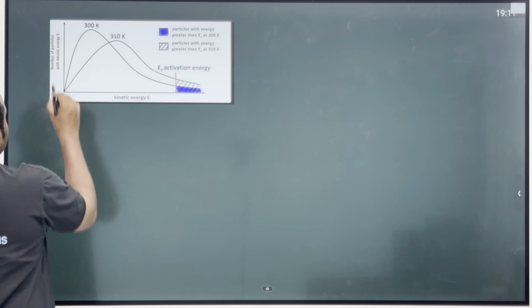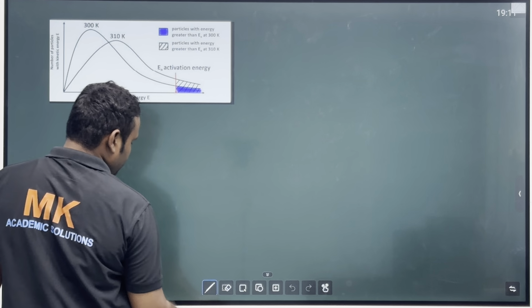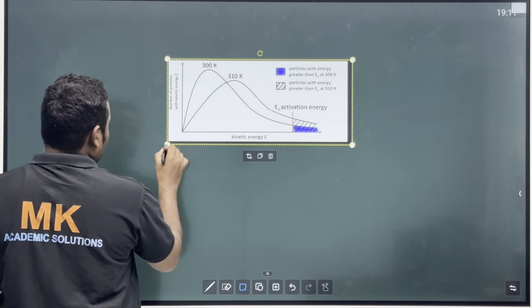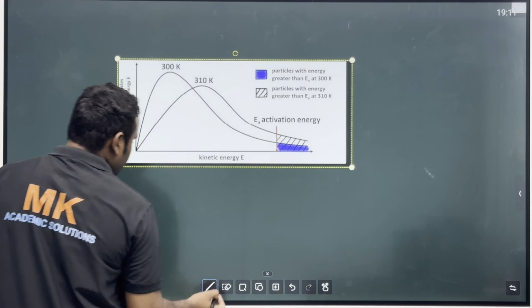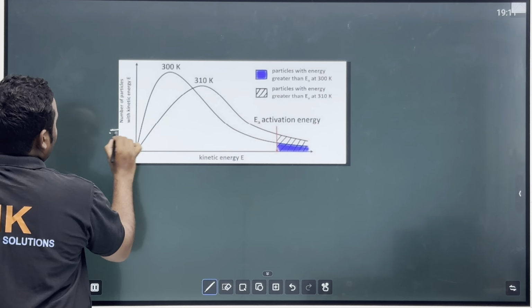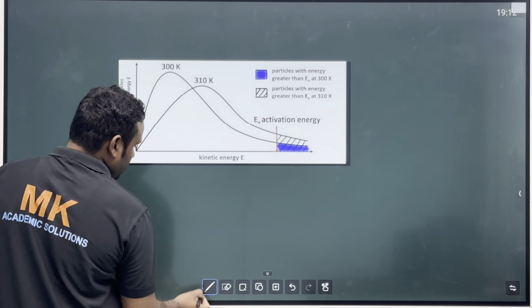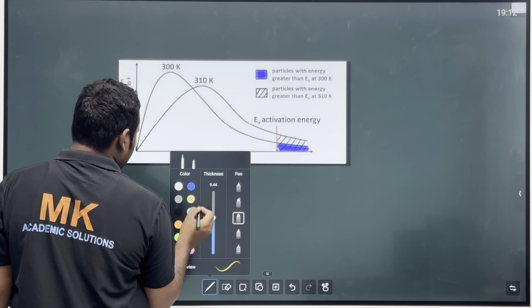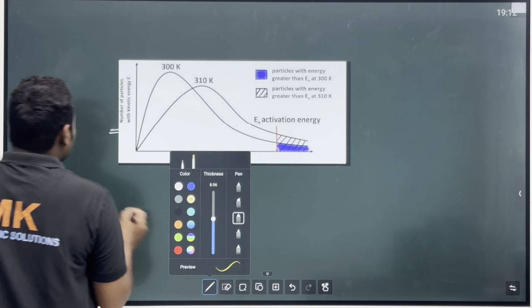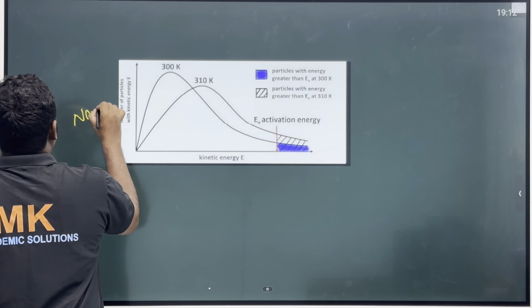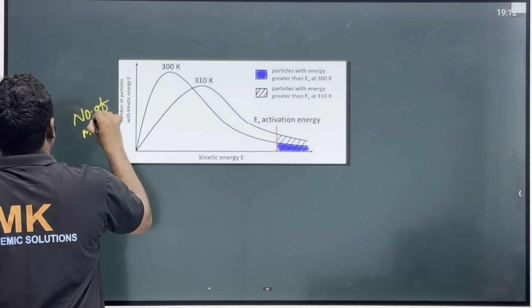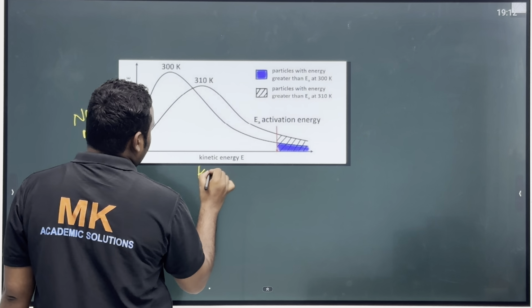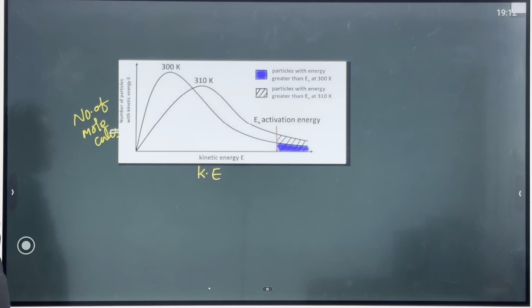On this side we have taken the number of molecules, and on this side we have taken the kinetic energy of molecules.